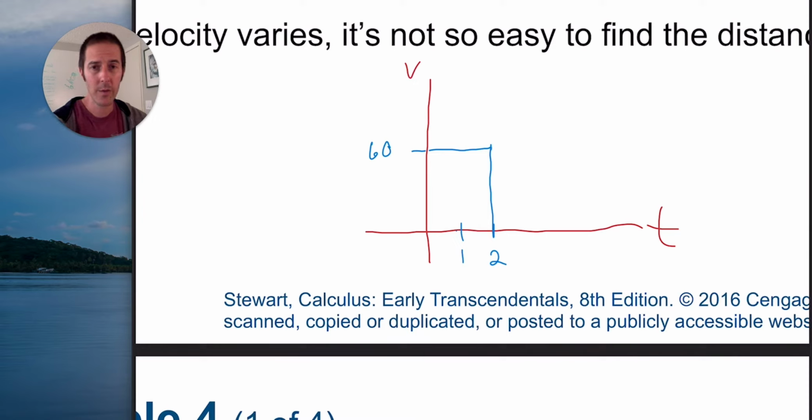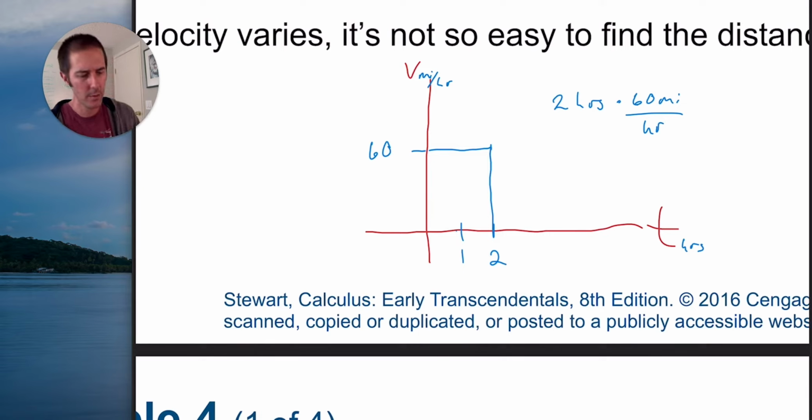Well, length times width. Let's look at our units. What if t is measured in hours and velocity is measured in miles per hour? Well, then I've got a width of 2 hours times a height of 60 miles per hour.